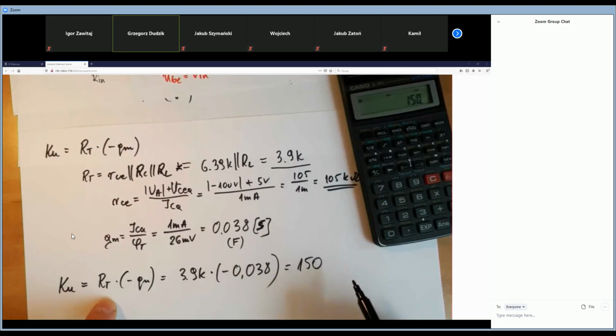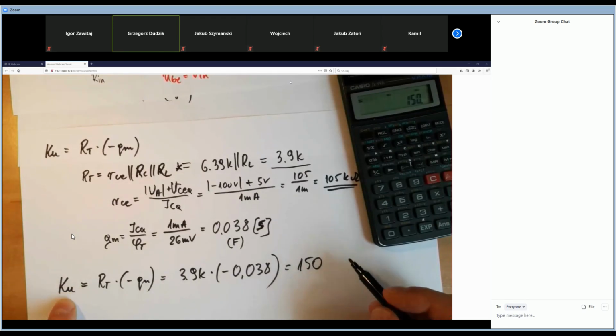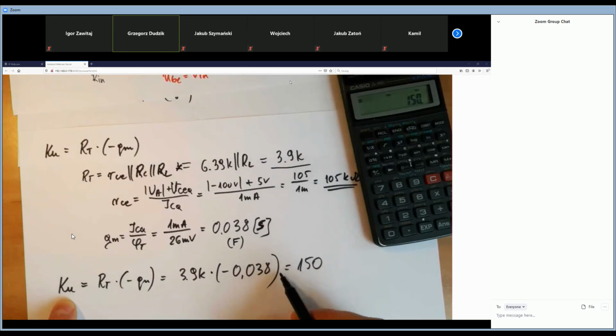As you see, the KU has no unit. Why? The Siemens is the reciprocal of the resistances, so the resistances will be reduced. There are no units here.